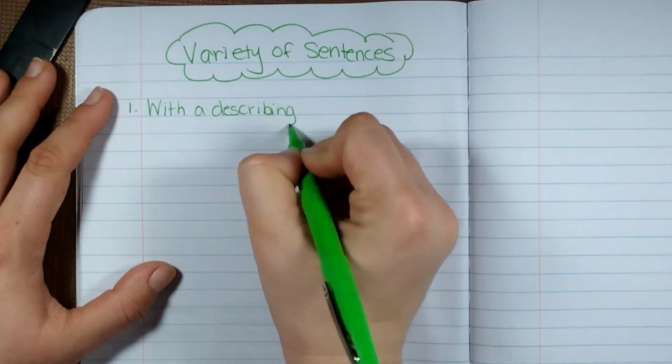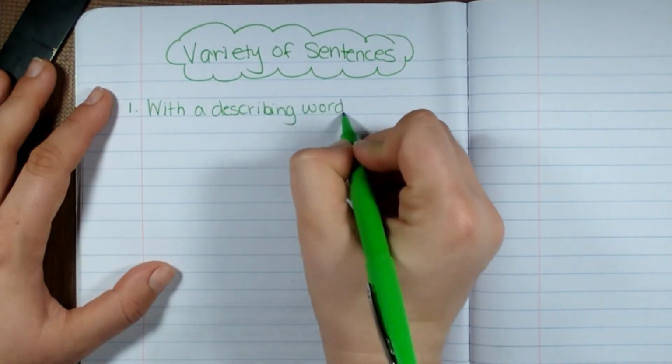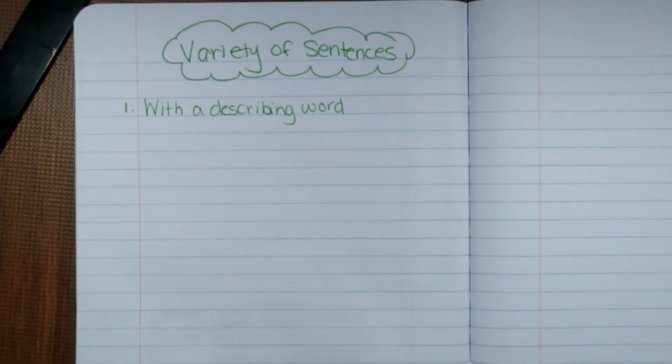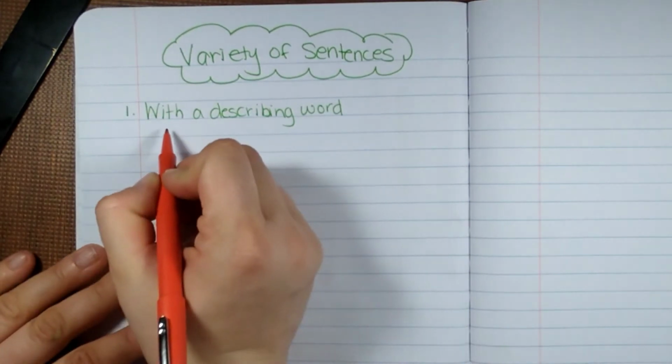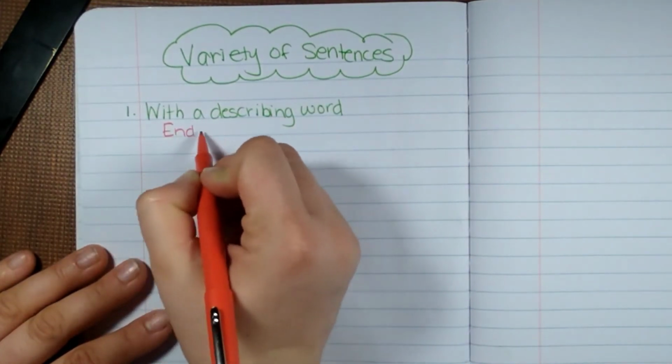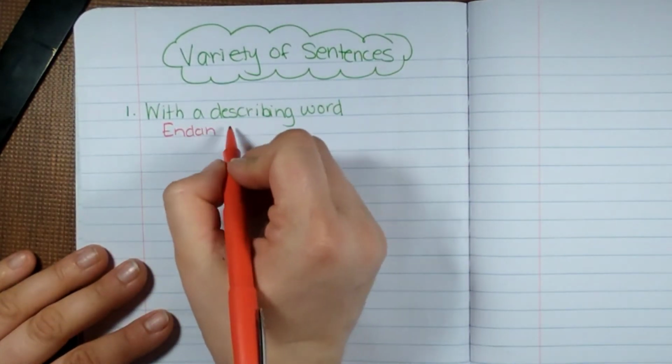And I'm going to do an example. I'm going to write the same sentence, but in many different ways. Okay? This is going to be about endangered tigers. So, endangered tigers need your help. So the describing word is endangered.